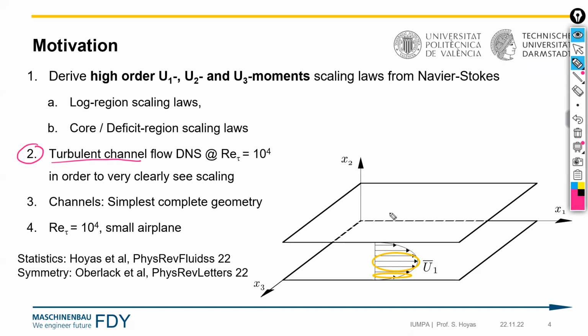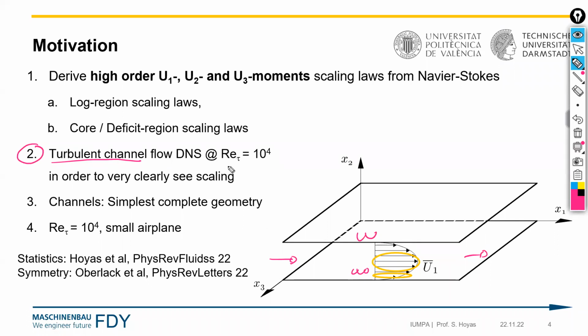Here you have one turbulent channel flow. Flow goes from here to here, and you have 2 walls, the top wall and the bottom wall. Why are we simulating this? Because it's the simplest complete geometry of a wall-bounded flow, and these wall-bounded flows are one of the most interesting turbulent flows.